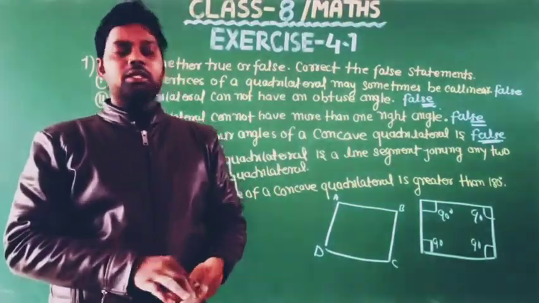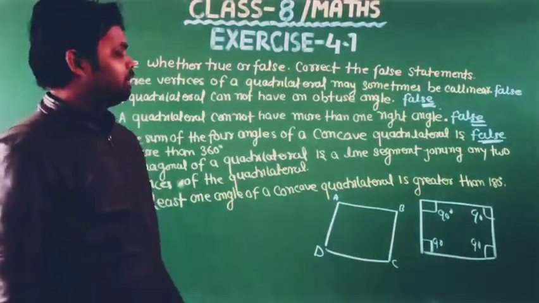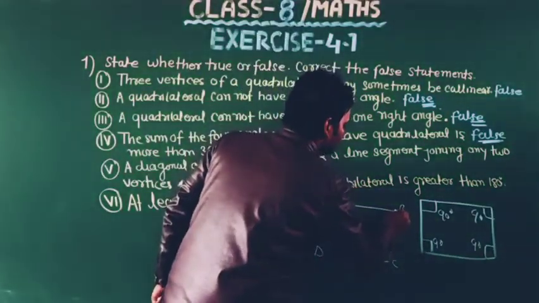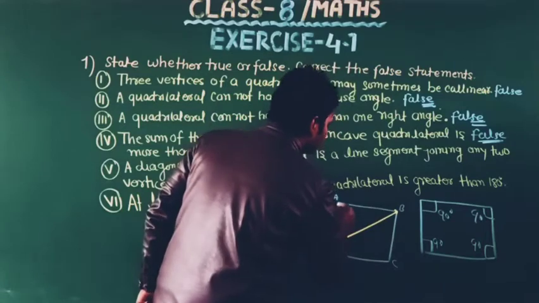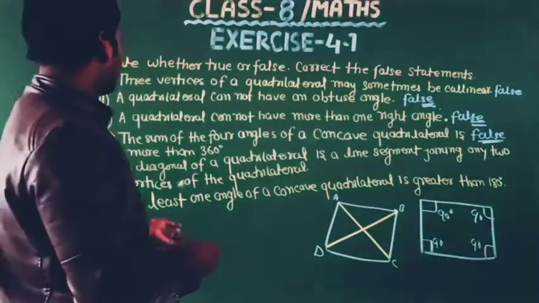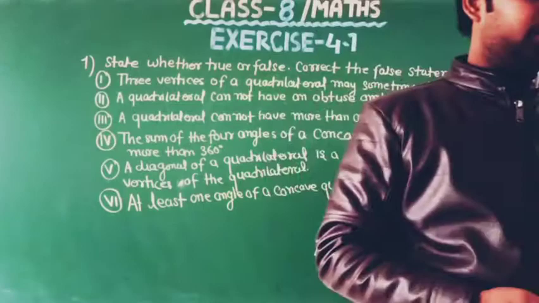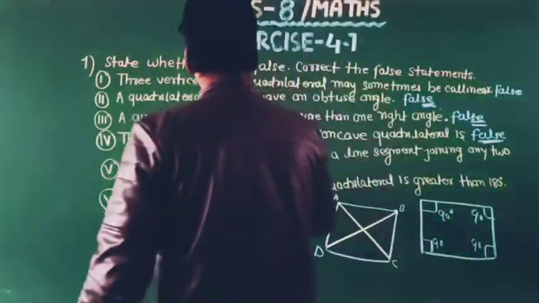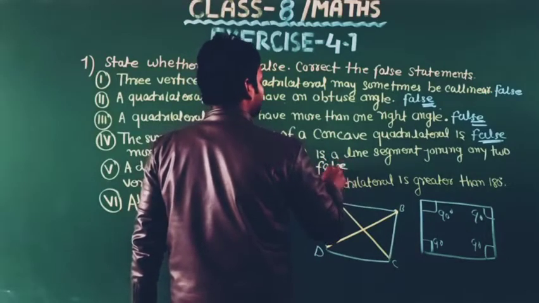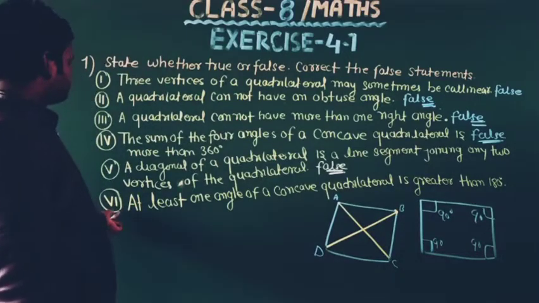This is a false statement. The diagonal of a quadrilateral is a line segment joining opposite vertices, only opposite vertices of a quadrilateral. So the fifth is also a false statement. Clear?